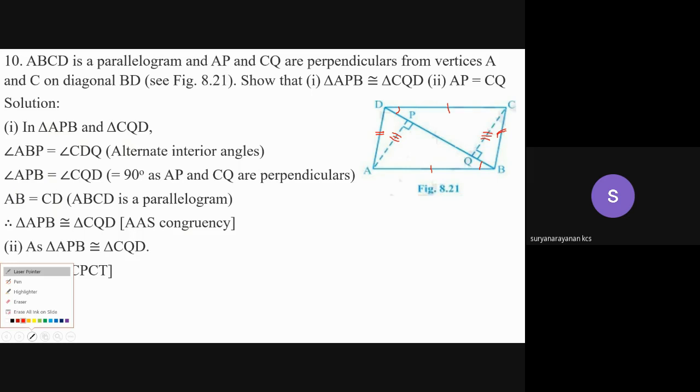I think two more questions are there, two more questions in this slide, in this PPT. I will post that in the Google Classroom. Please find that because time is over. You have to attend the next class.